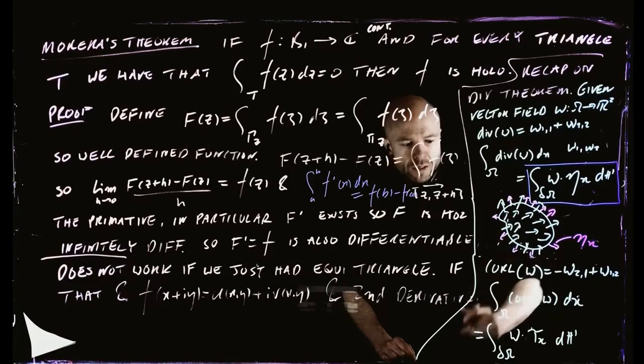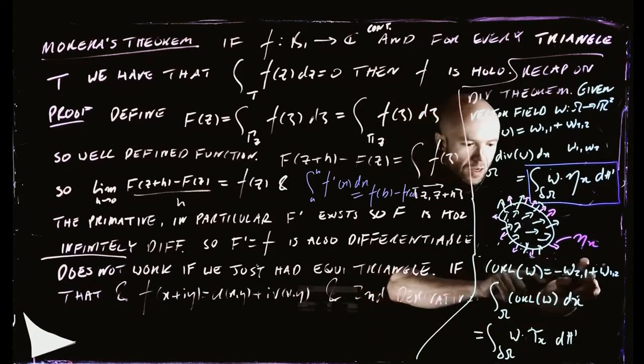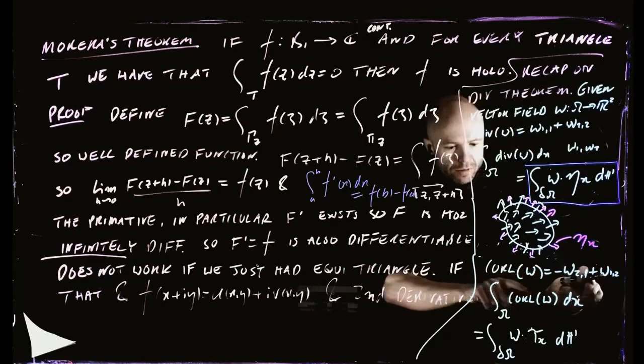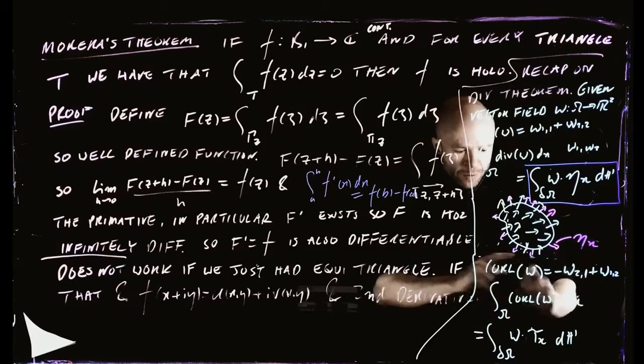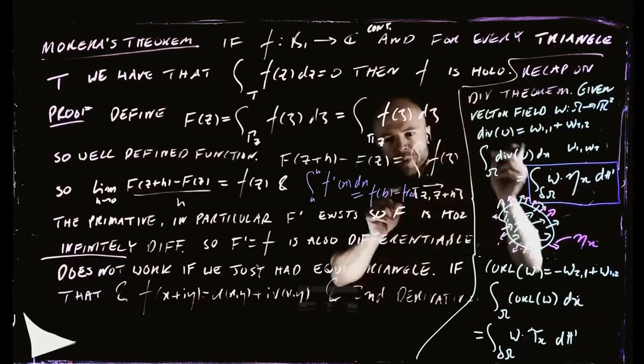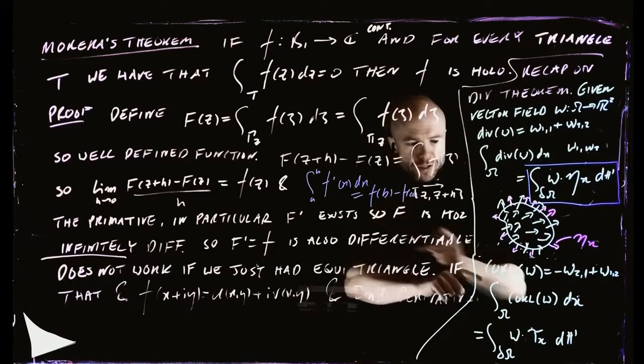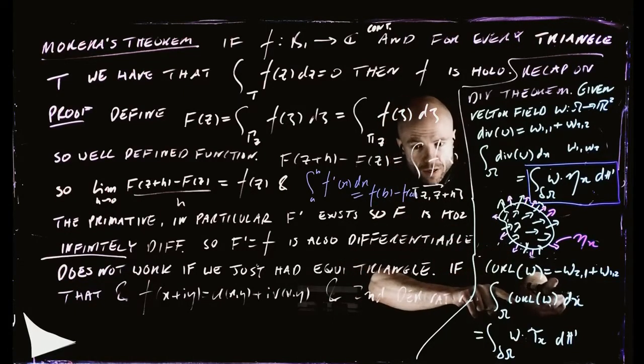And it's the same thing as the divergence theorem, because all we've done with this curl is flip things around. If we take a vector field and flip it 90 degrees perpendicular to it, and then apply the divergence, that's the same as doing the curl to the original vector field.